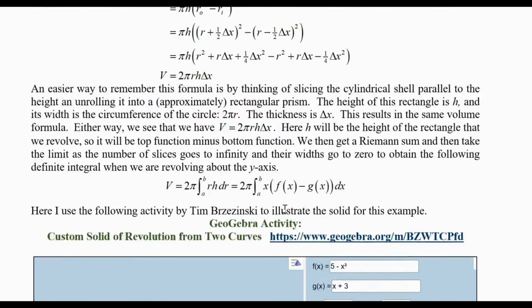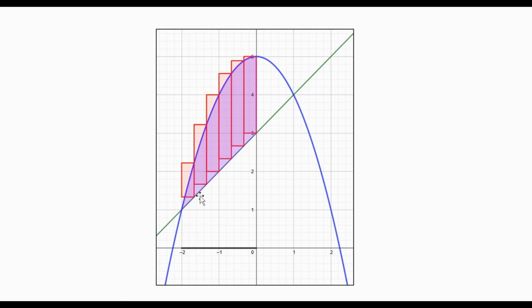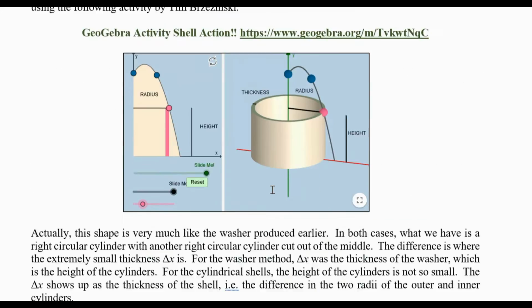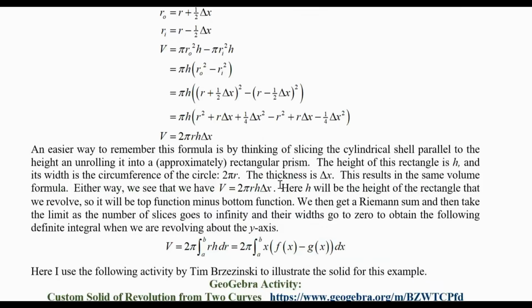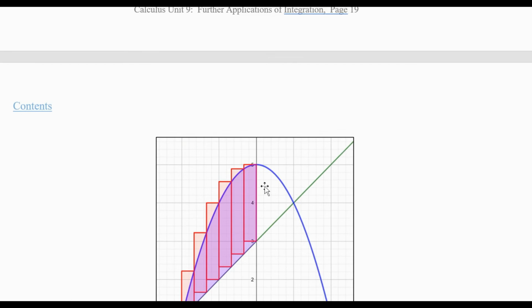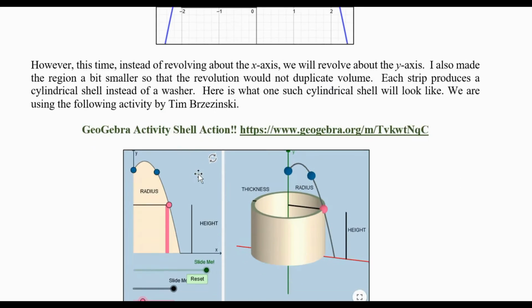So here is the region we started with. We started back here, remember, with this region, and we want to revolve that around. One thing I have to be a little careful about is because on this one the region is over here, the distance from the radius is the distance from one of these strips to the y-axis, which is actually the opposite of the x value here, because we're on the negative side.